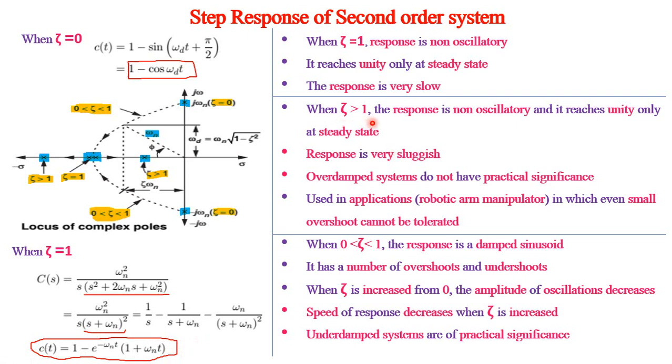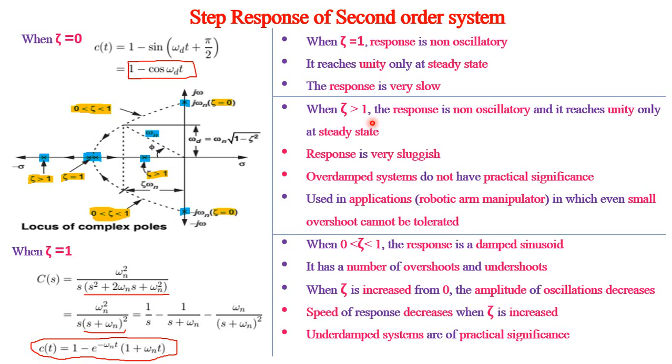When the damping ratio is greater than 1, again the response is non-oscillatory, because we have already seen the poles: minus zeta omega n plus or minus j omega n root of 1 minus zeta square. That would become minus zeta omega n plus or minus omega n into root of zeta square minus 1.